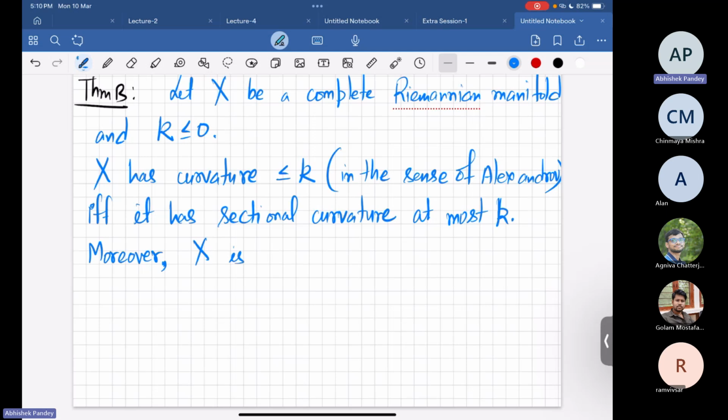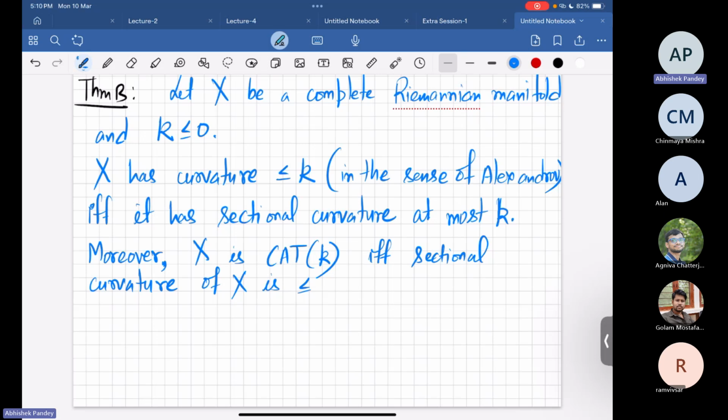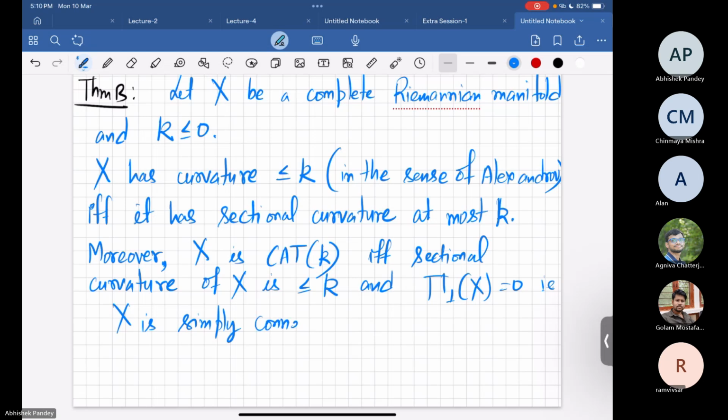Moreover, X is CAT(k) if and only if the sectional curvature of X is less than or equal to k and the fundamental group of X is 0, that is, X is simply connected. So that is the difference.